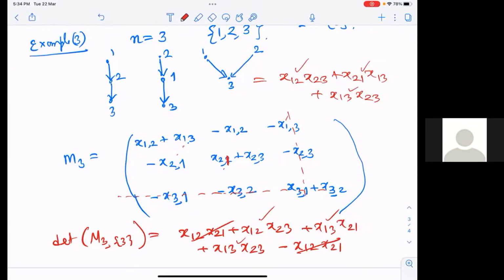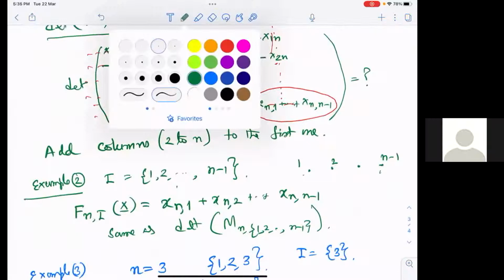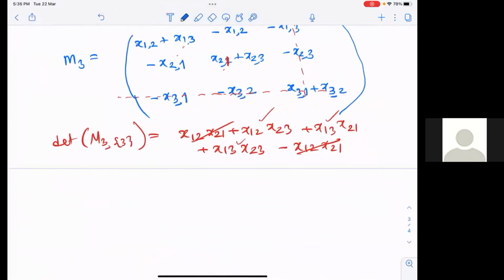So these few examples are to convince us that this theorem is plausible. Okay, so let's try to prove that. How do you prove it?